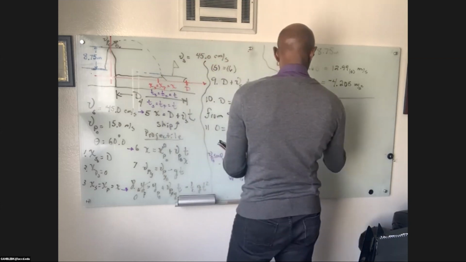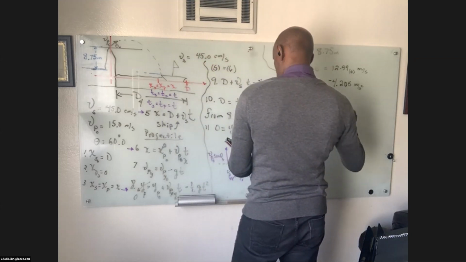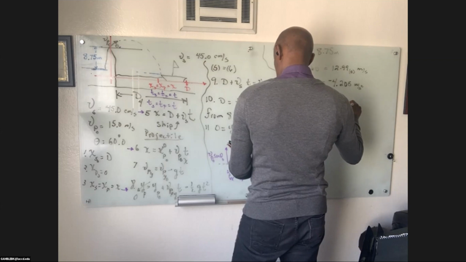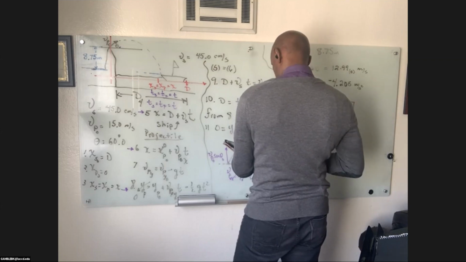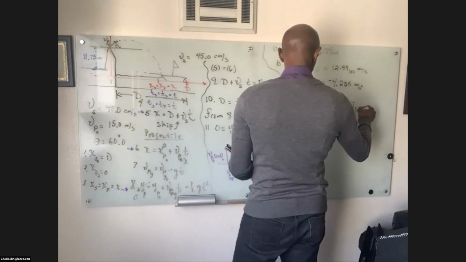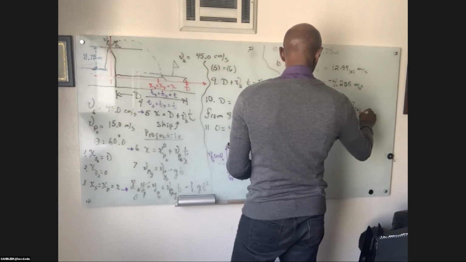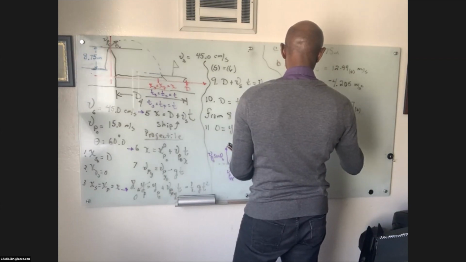So I get all that to be 17.77 divided by 2 times A, which is minus 4.